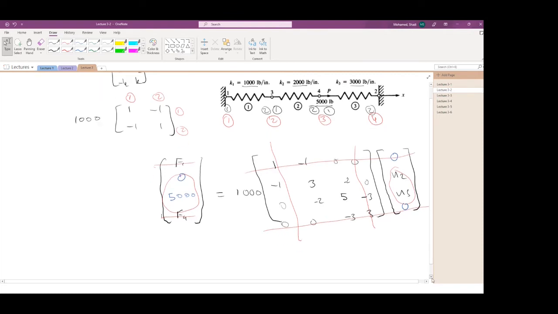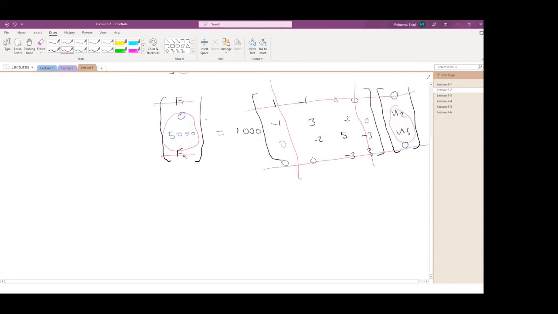So I'm just going to write down the reduced system here and write it in terms of equations. For the first equation, I have 0 is equal to 1,000 multiplied by 3 U2 and -2 U3.